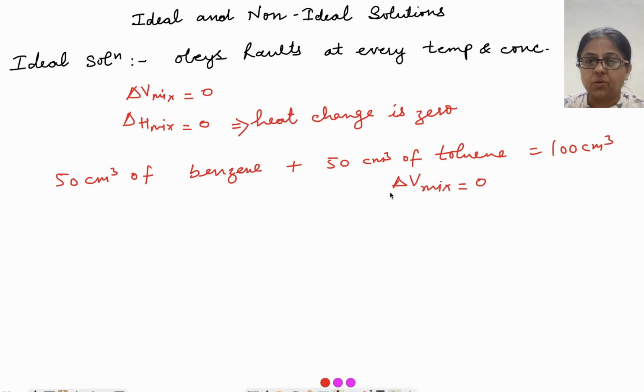This means the new interaction formed between the two components and the individual interactions present in the two components are equal in both cases. So in an ideal solution, the intermolecular interactions between A and B are of the same magnitude as the A-A interaction as well as the B-B interaction.